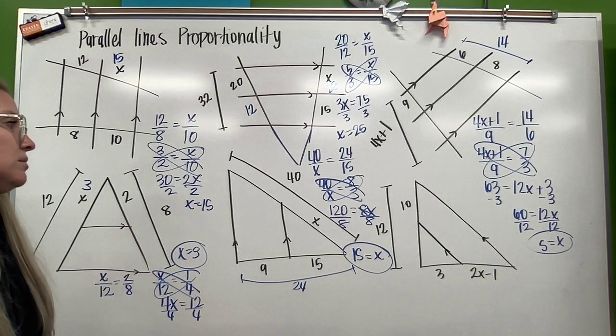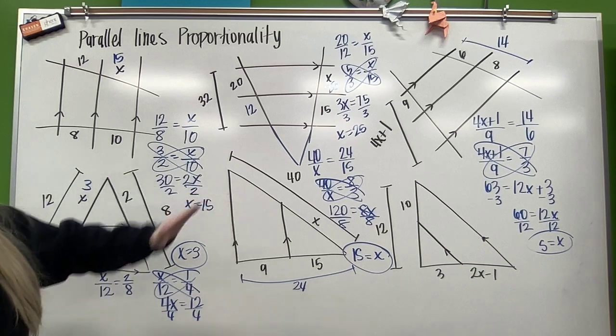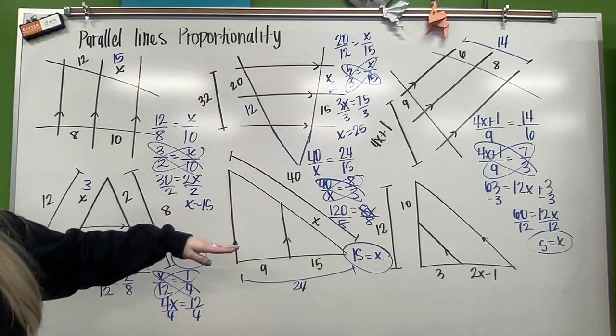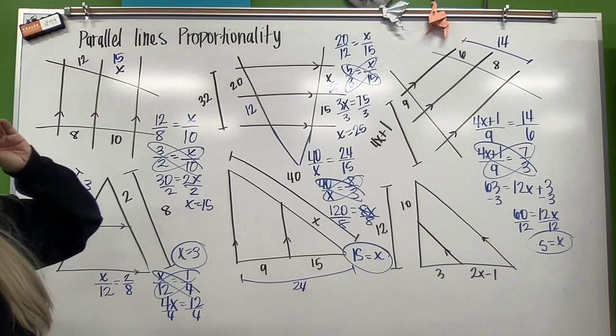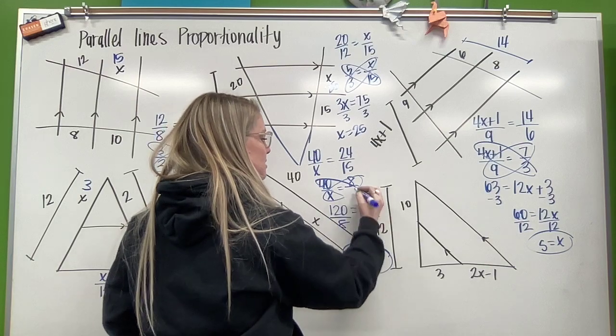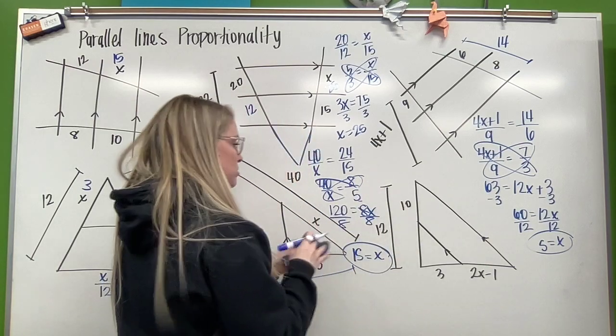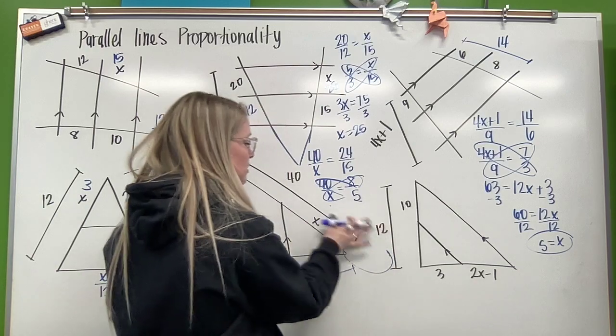That doesn't seem right. 40 over x, 24 to 15. If I reduce, divide by 3, that's 8. Oh, that's 8 and 5, guys. That was weird. So sorry. But again, it's always a good idea to double check your work, right?